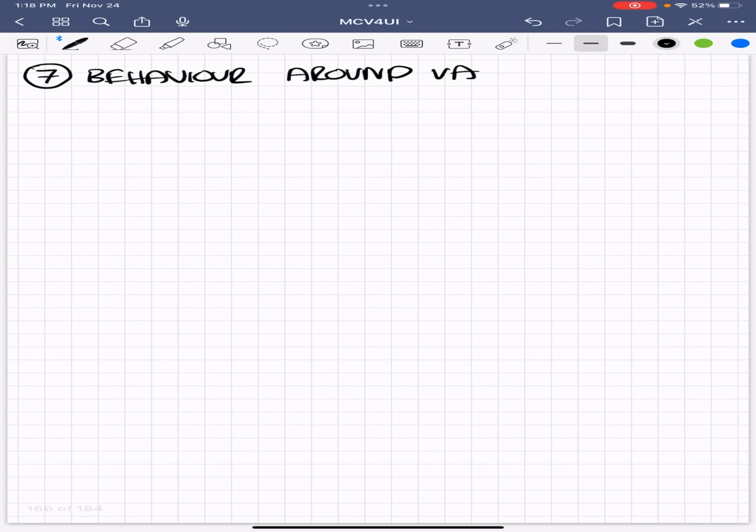And then we're moving on to behavior on the VA. So with behavior on the VA, it's similar to the chart of concavity and increasing or decreasing intervals. So again, we're going to need the VA.